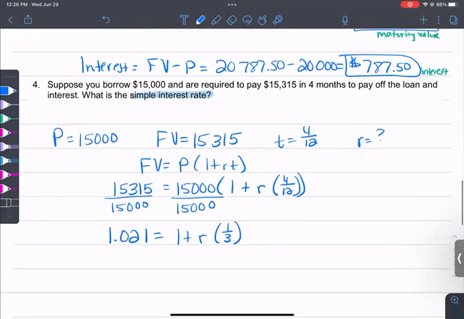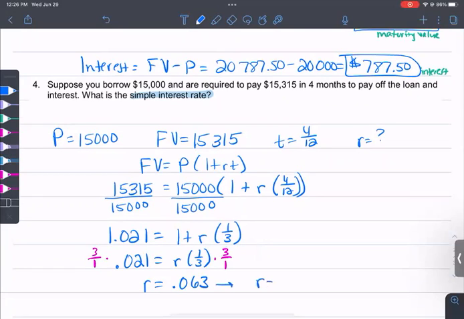Then I can subtract 1 from both sides. And then to get rid of that 1/3, multiply by 3/1 on both sides. And that gives me an R value of 0.063. We typically report percentages for interest rates. So moving the decimal to the right this time, since I'm going back to percent, would be 6.3%.